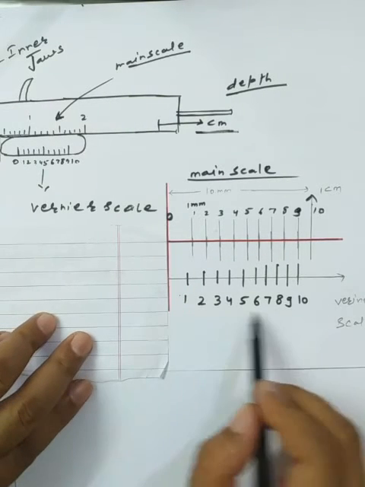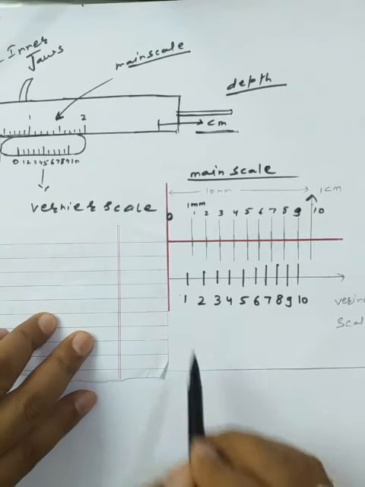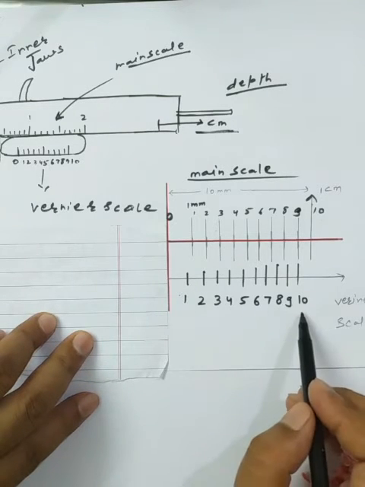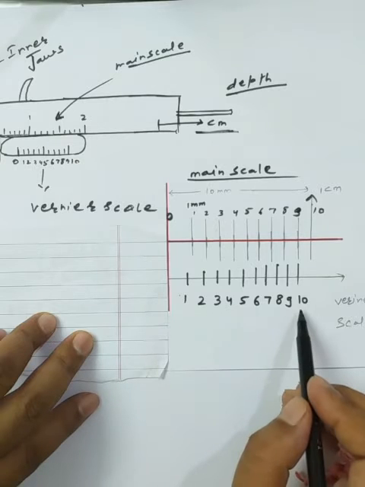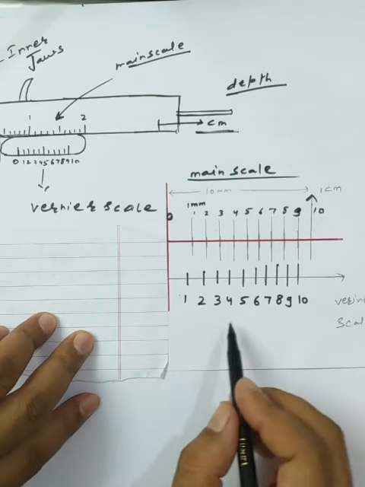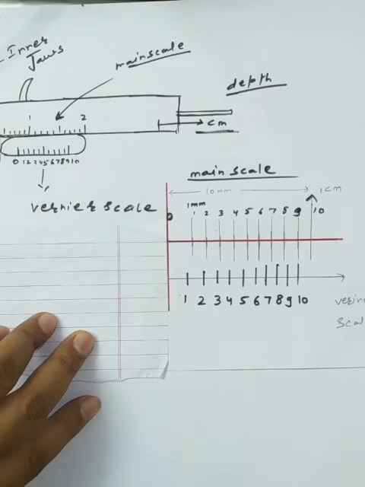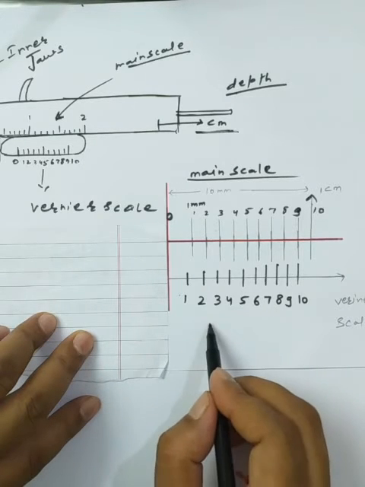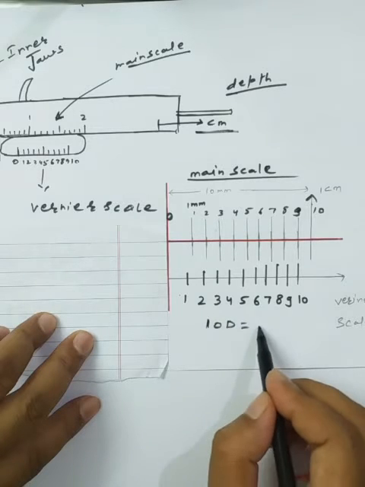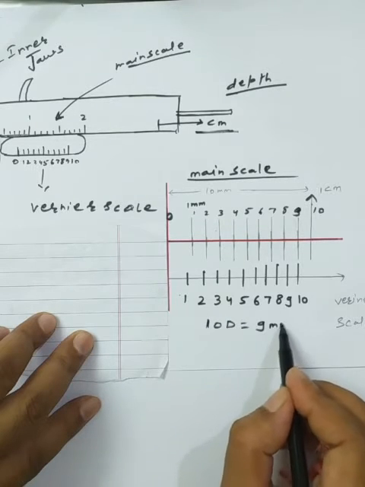On the vernier scale, which lies along the main scale, there are 11 lines, but these 11 lines make 10 divisions. These 10 divisions comprise a length equal to 9 mm.